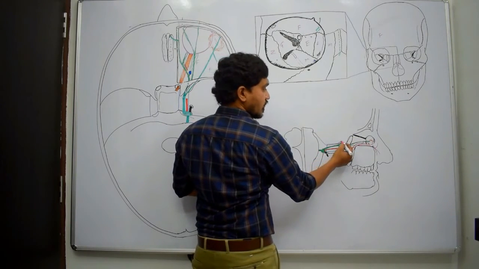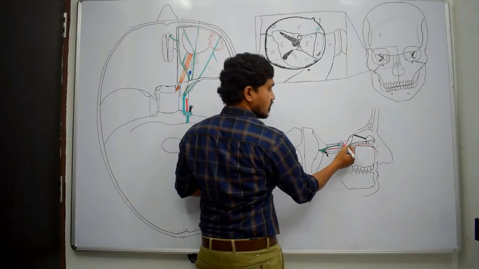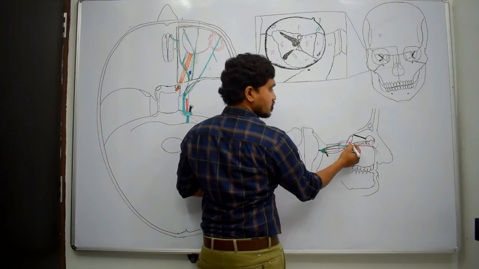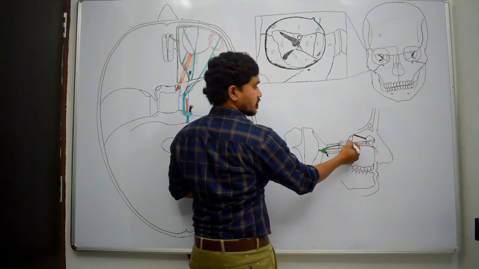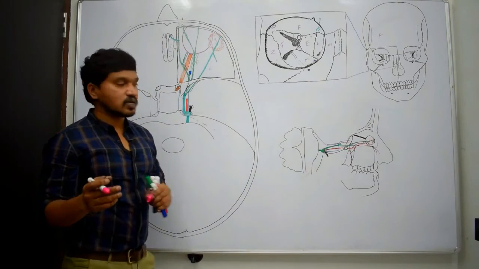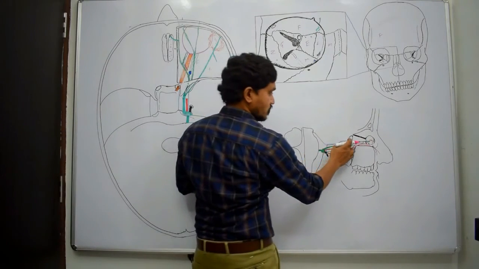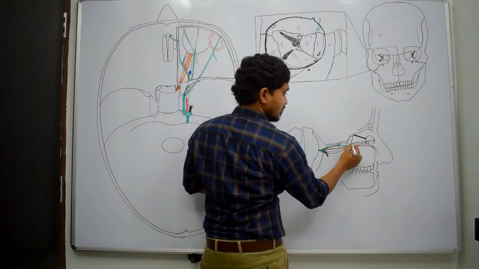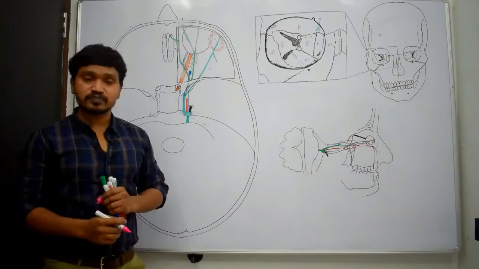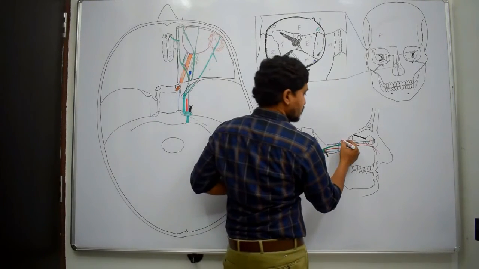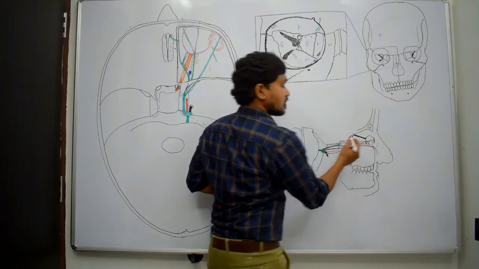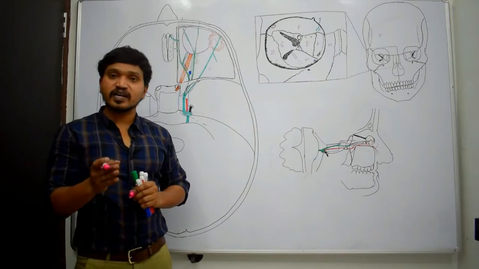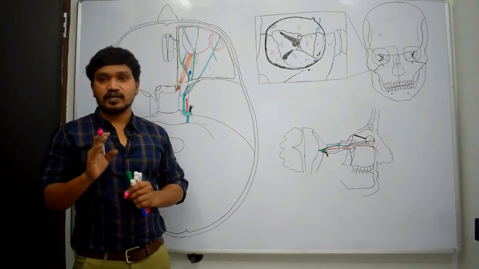This upper division and lower division pass through the central part of the superior orbital fissure. In between these two divisions, the nasociliary nerve will be present. So if you want to draw exactly, it is like this. Then this upper division supplies the superior rectus and levator palpebrae superioris.